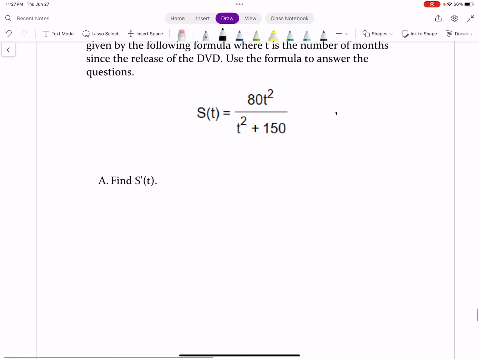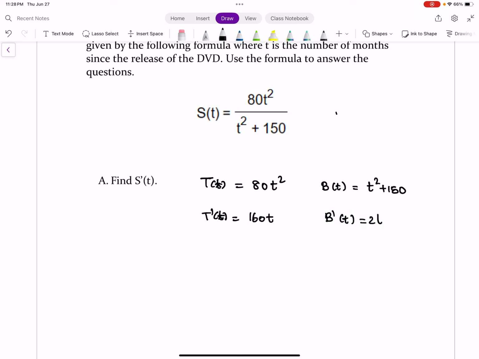Here, the top function is 18t squared, and its derivative is 18 times 2, which is 36t. The bottom function is t squared plus 150, and its derivative is 2t, right?